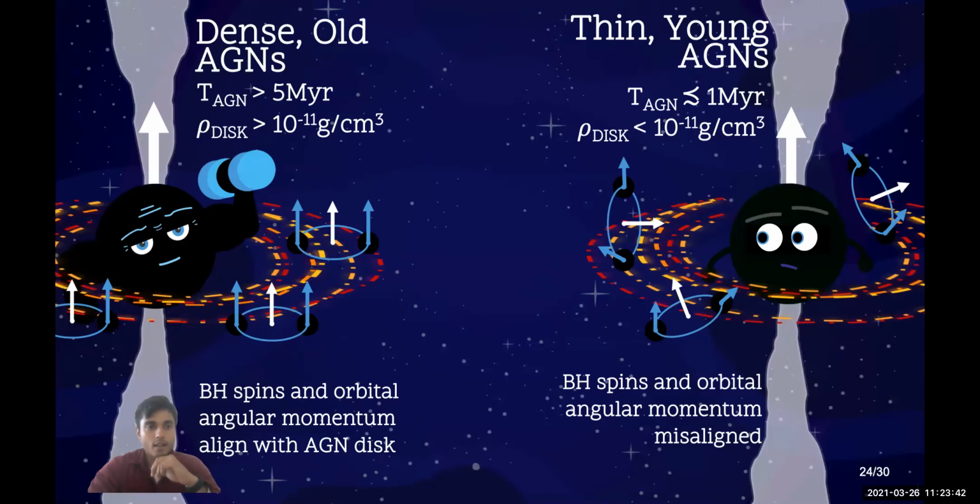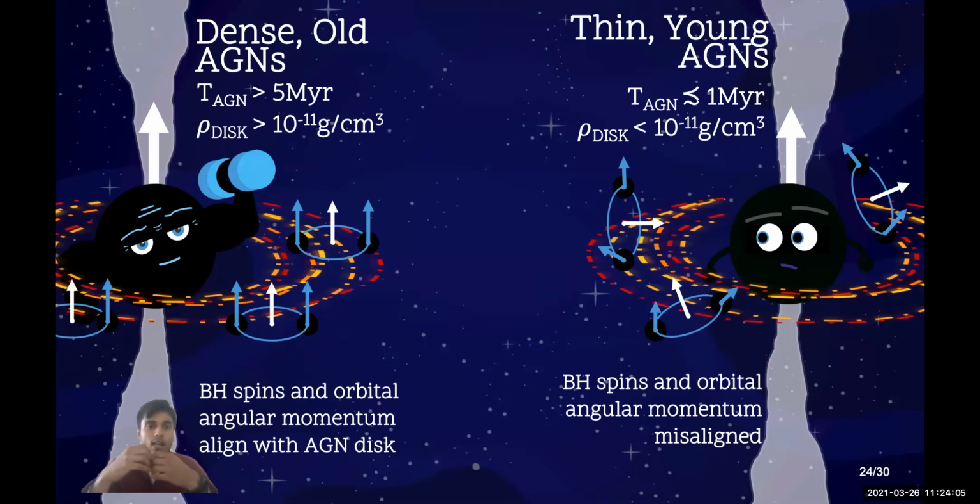Okay. So in old AGNs with dense disks, we expect the orbital angular momentum, the white arrow on these small binaries that I've drawn, and even the component black hole spins, the blue arrows on these small black holes, to align with the supermassive black hole and the AGN disk.